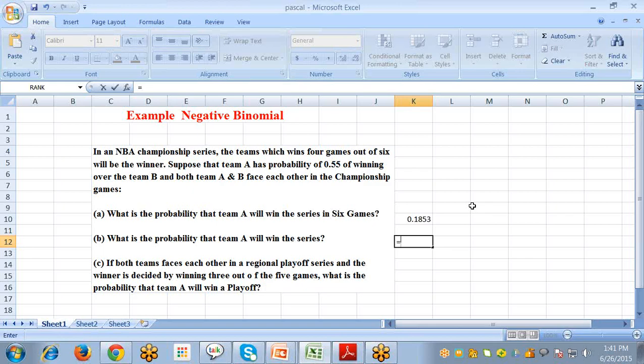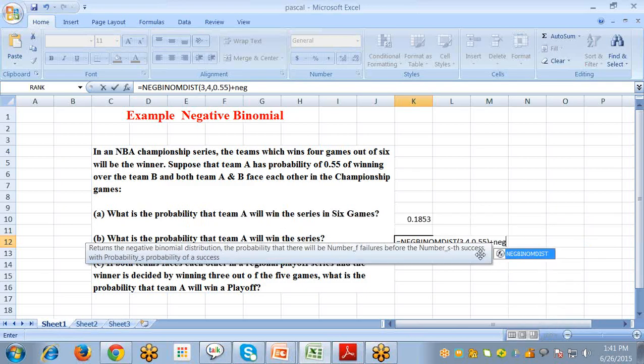So how will it be calculated? Just select the cell, type an equal sign, type the function NEGBINOMDIST, with number of failures 3, number of successes 4, and probability 0.55.